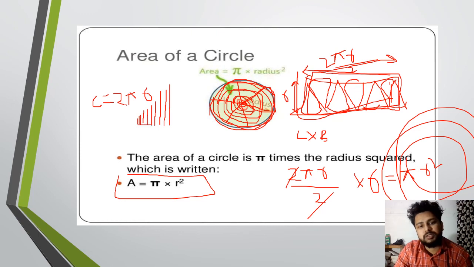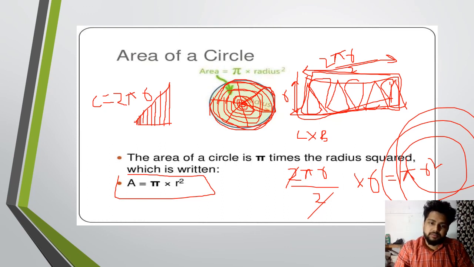Now when we join these lines, this is the small point. Do you notice anything here? Which kind of shape is it? Is it a rectangle? No, it's a triangle.